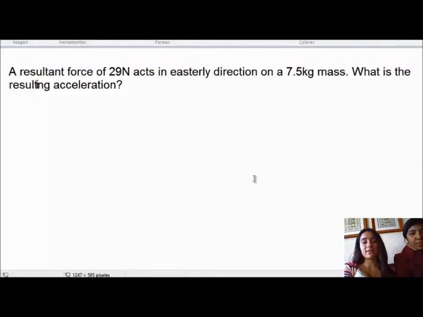Now we have a second example that says a resultant force of 29 newtons acts in an easterly direction on a 7.5 kilogram mass. What is the resulting acceleration? Now we know that our formula is force equals mass times acceleration, alright?